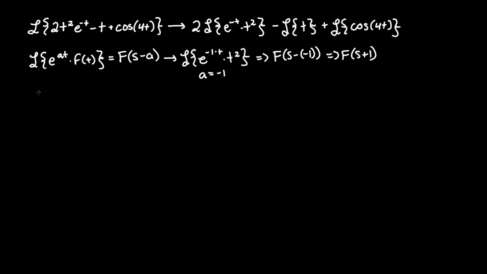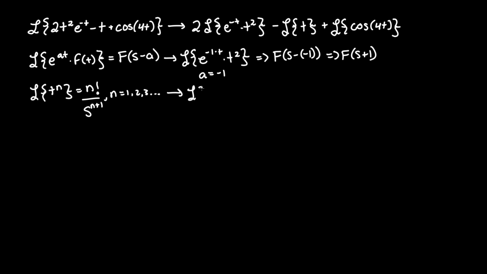So for our t to the n power, where n equals 2, we can make our second Laplace property, where the Laplace transform of t to the power of n, where n is any integer, equals n factorial over s to the n plus 1, where n equals 1, 2, 3, and so on.